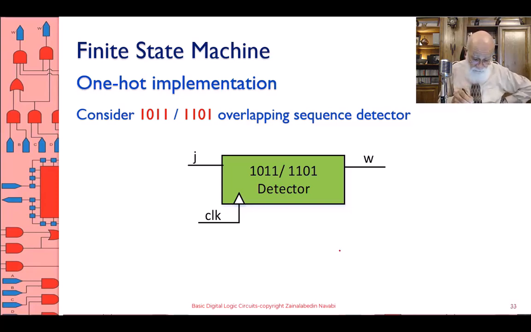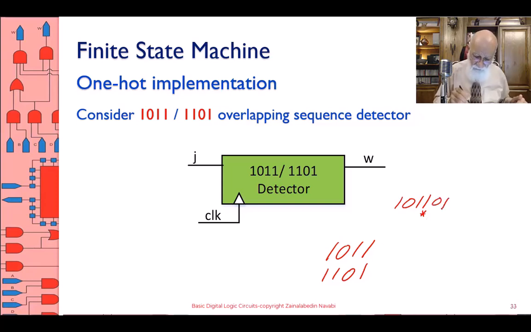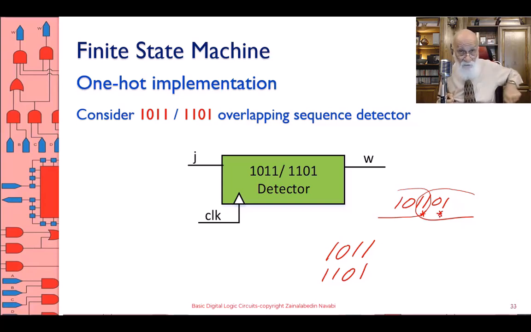The circuit I'm designing is detecting 1, 0, 1, 1 simultaneous with 1, 1, 0, 1. Overlapping, meaning that if I receive a 1, 0, 1, 1, I'm going to get a 1 over here. But then if I receive a 0, 1 after that, this is the first sequence, but then 1, 0, 1, 1, that's the second sequence. So I'm going to get another 1 on my output.